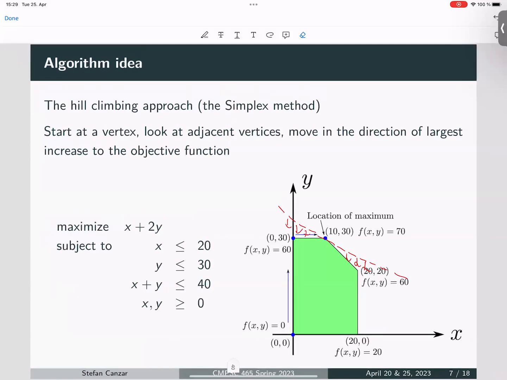So all these questions have to be investigated if you really want to implement this algorithm and develop it carefully. How do you, algebraically speaking, jump from one vertex to another is one question. How do you find the first vertex is another. Also, the strategy of always going to the neighboring vertex of highest value is not always the best idea.